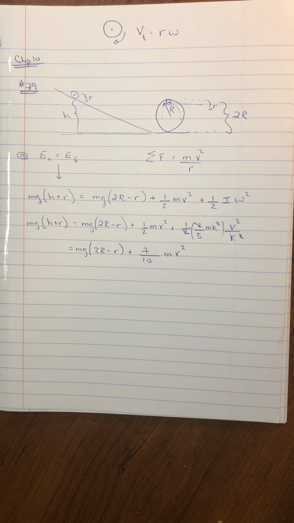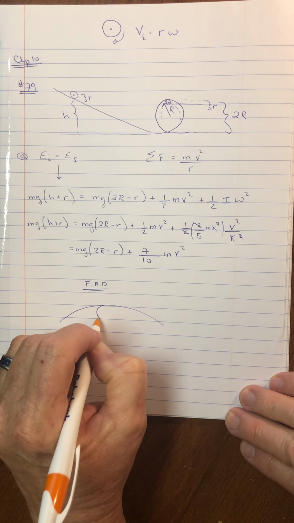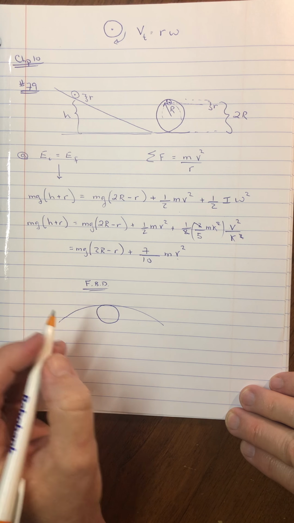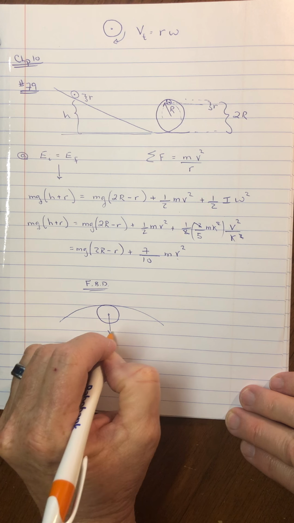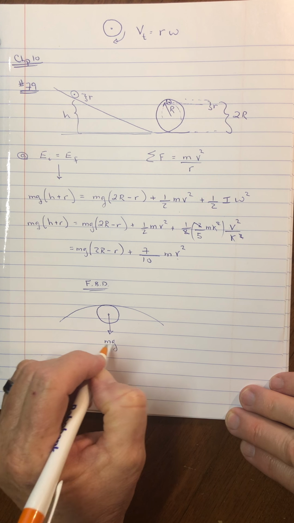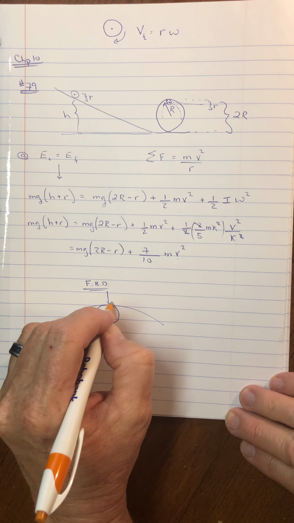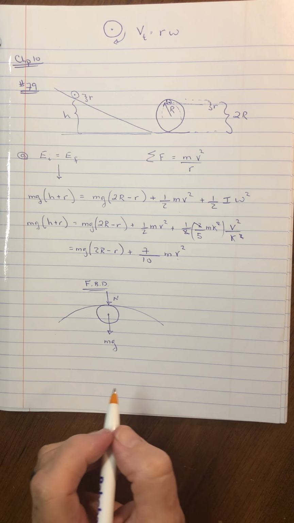But then adding to this, the speed is connected up to here. So if I were to do a free body diagram at the top up here, then what would be pushing downward would be not only its weight, but also the normal force.